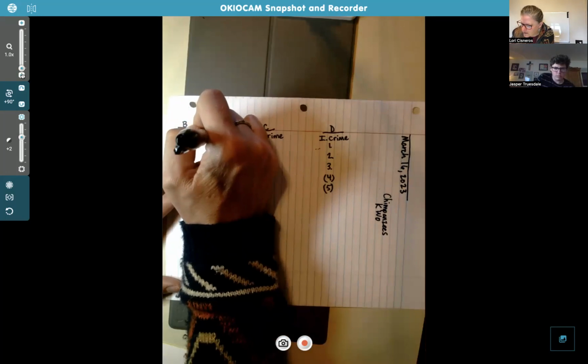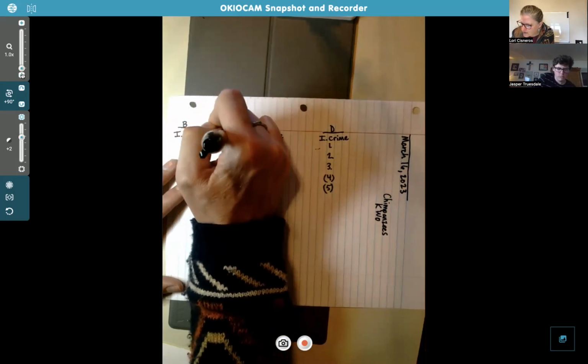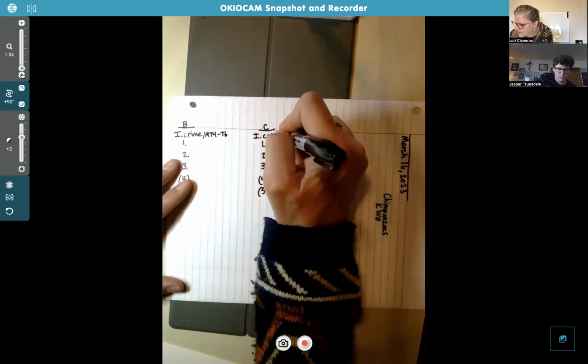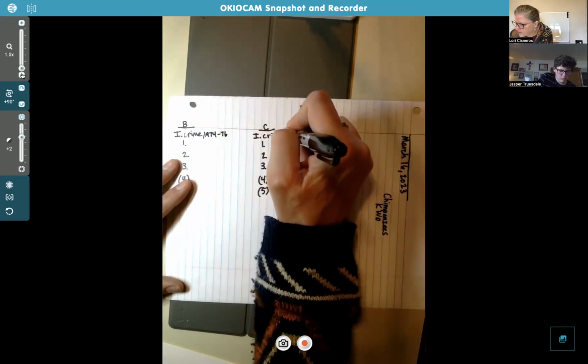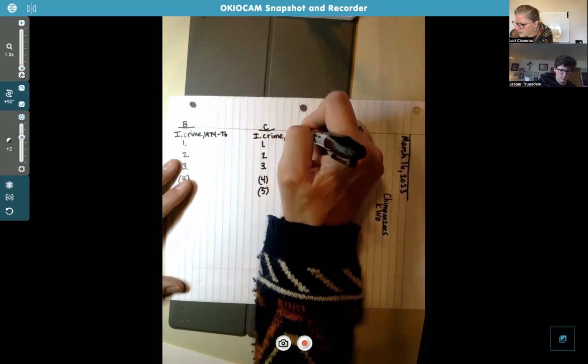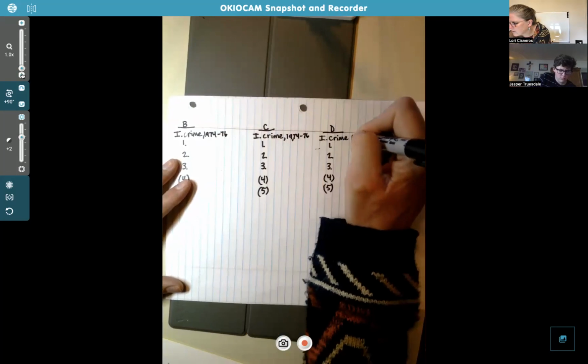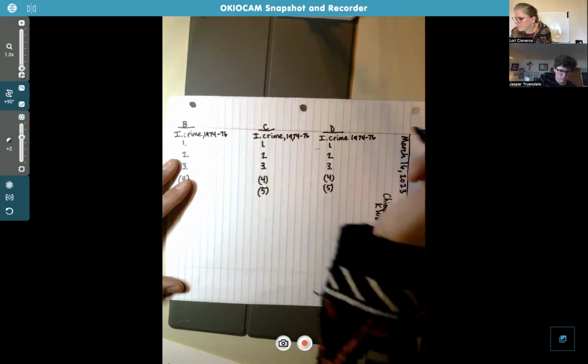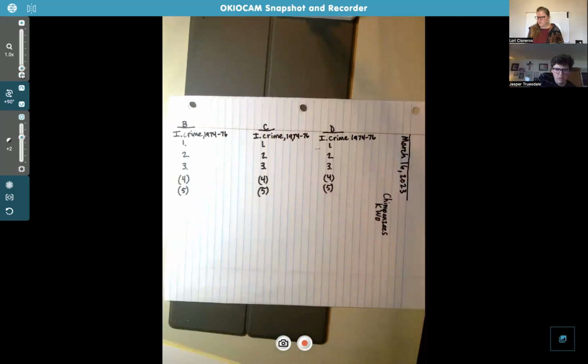So we'll just do 1974 through 76 on each one of these. You're going to have to write pretty small on this page. And if you decide you want to use that bigger page in the back of your binder, I'm okay with that too, to give you some more space to fill this out.